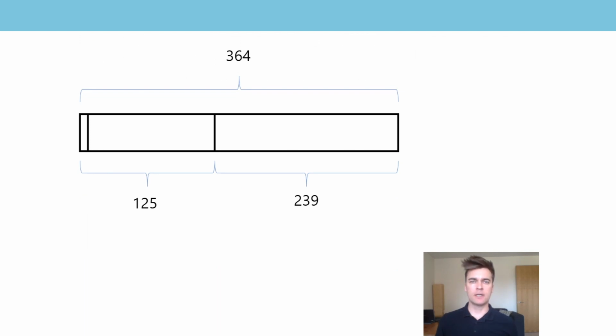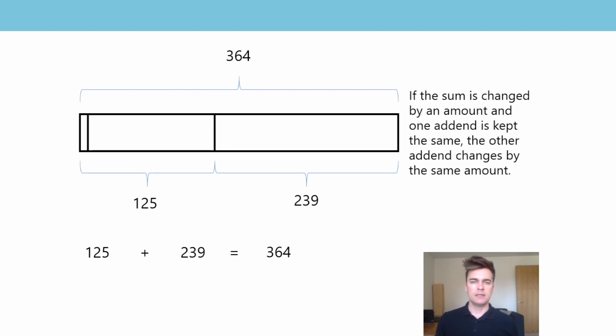The original equation had a sum of 364 and two addends of 125 and 239. If the sum is changed by an amount and one addend is kept the same, the other addend changes by the same amount. But this time, I know that the total decreased by 4.